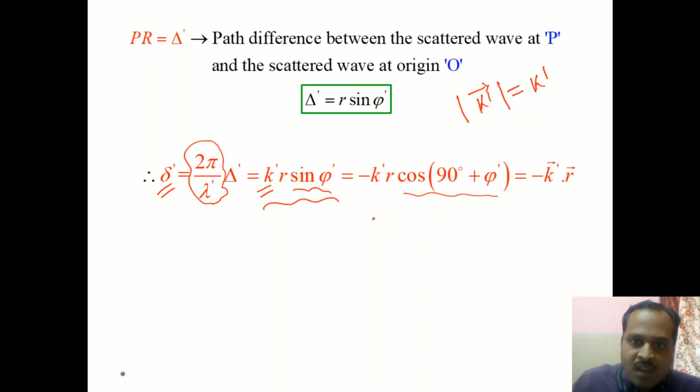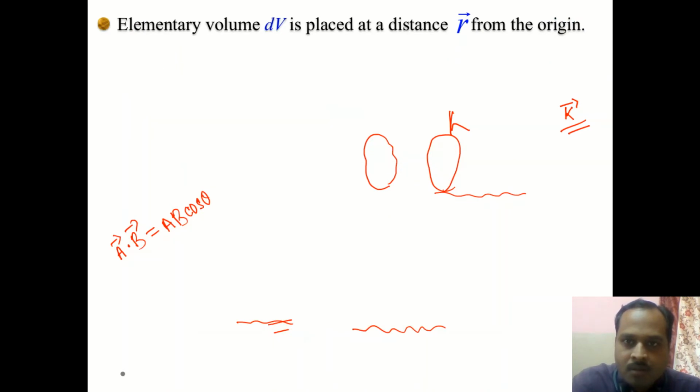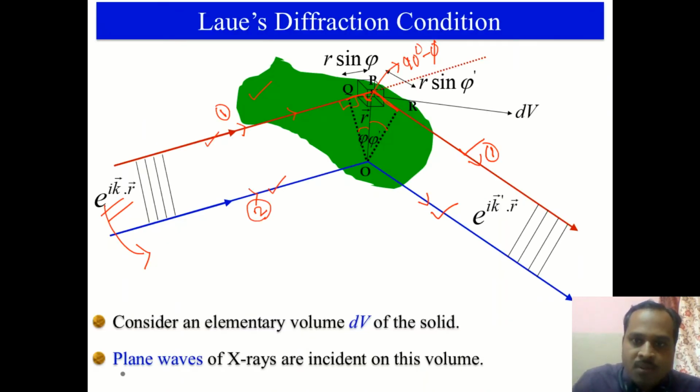Now the angle between the vector k prime and the vector r. Let us go back once again to this diagram. This is the vector k prime and r, and this is the angle between them.